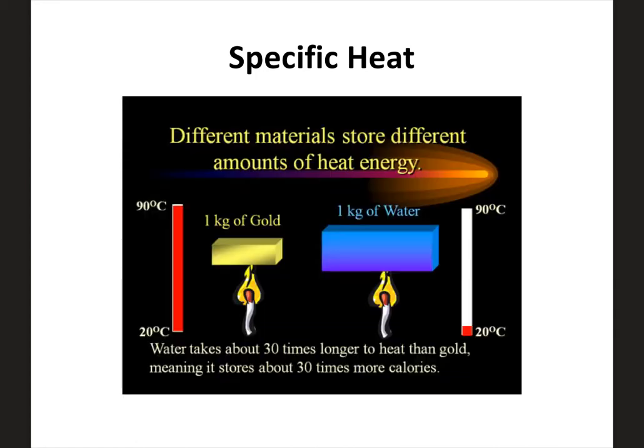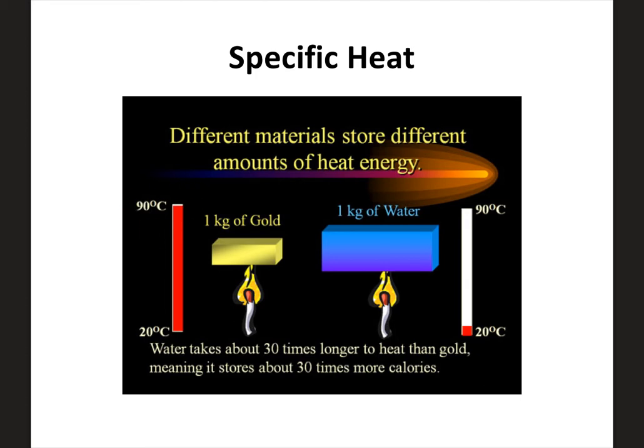Here's just another example to make sure you understand this idea of specific heat and the fact that water has a high specific heat. If you took equal amounts of gold and water and started heating them, you will see gold would get to a much higher temperature in the same amount of time compared to the same amount of water.